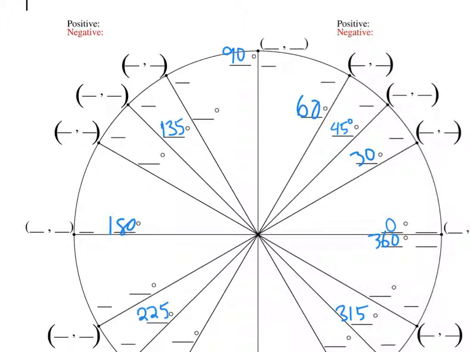Add 30, you get to 60. Add another 30, you get to 90. Add another 30, you get to where? 120. And then add another 30. 150. Okay. Add another 30, you get to 180.